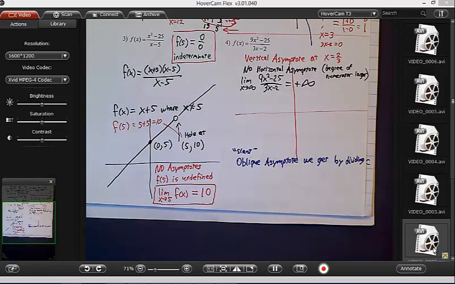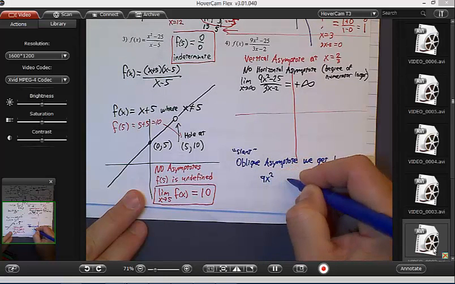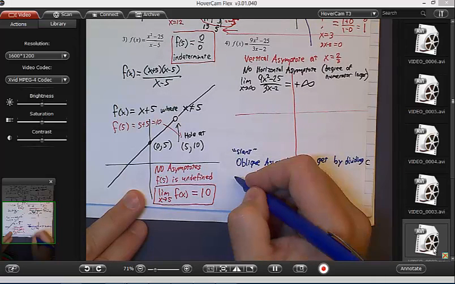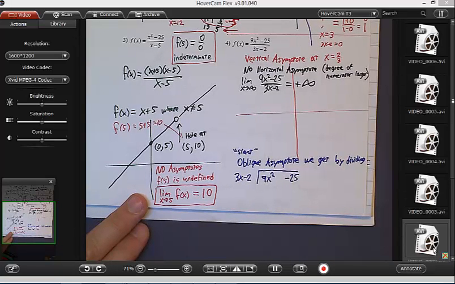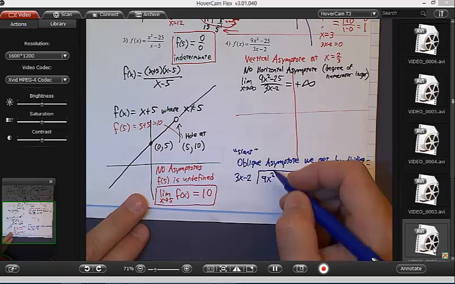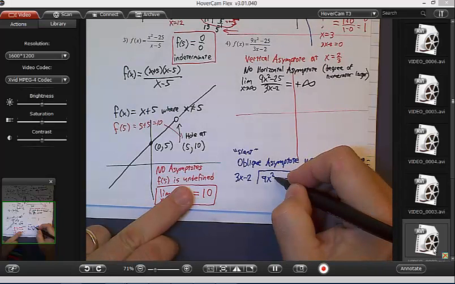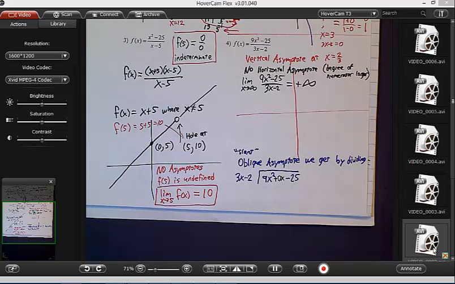And so what I need to do is take 9x squared minus 25 divided by 3x minus 2. Have you guys done this? Polynomial long division? I think we did it once in this class, right? Sometimes what I think helps is this. I'll write plus 0x here, just to hold a place value.